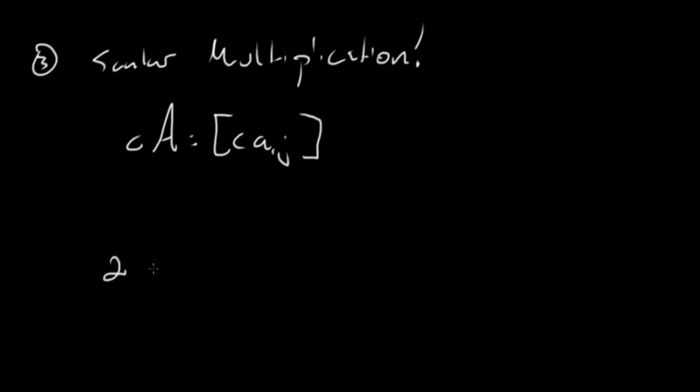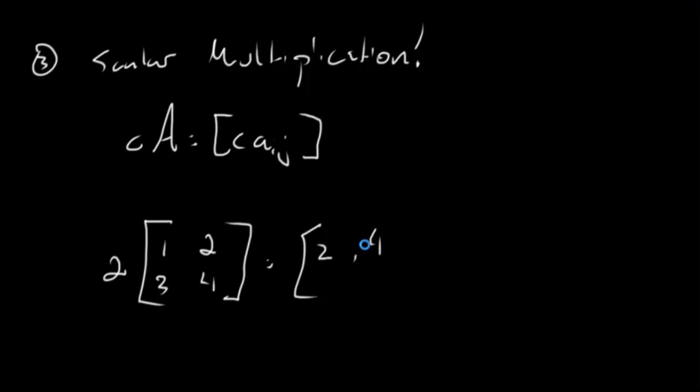So for example, 2 times the matrix 1, 2, 3, 4 is going to be the matrix 2, 4, 6, 8. So scalar multiplication hits every element within the matrix.